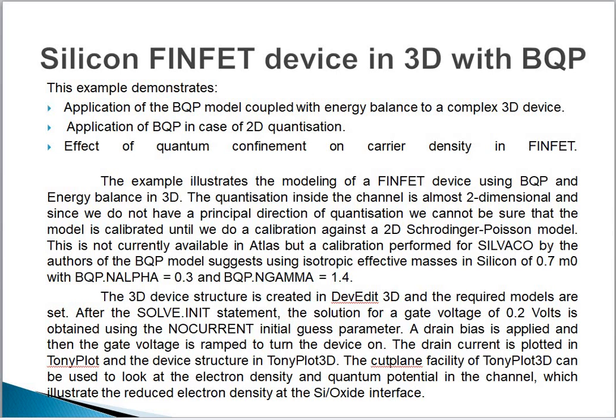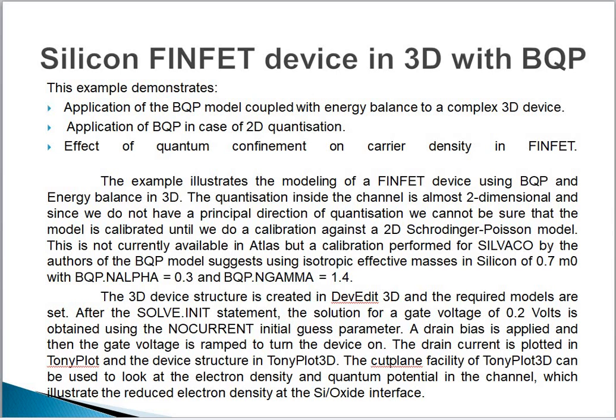This is not currently available in Atlas, but a calibration performed for Silvaco by the author of the BQP model suggests using an isotropic effective mass of silicon of 0.7, with BQP model alpha 0.3 and BQP model N gamma of 1.4. The 3D device structure is created in DevEdit 3D and the required models are set.